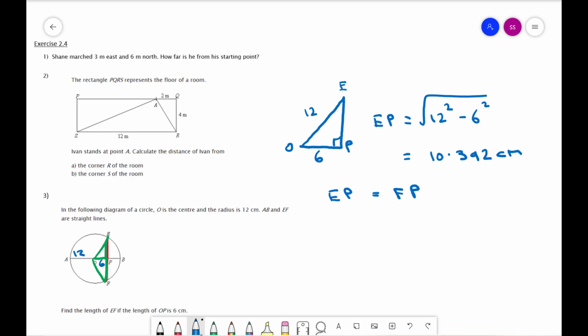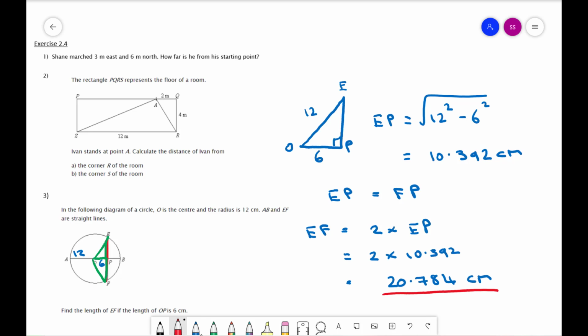So because of that, I can simply say that the distance EF is going to be equal to 2 times length EP, which is 2 times 10.392. And if we do that on our calculator, 2 times 10.392 gives me a distance of 20.784 centimetres. And there is our answer to that one there.